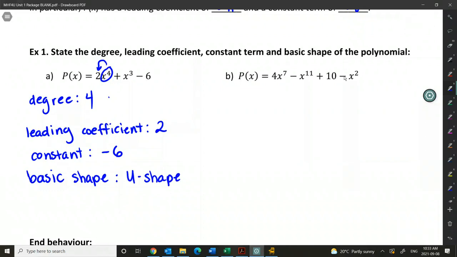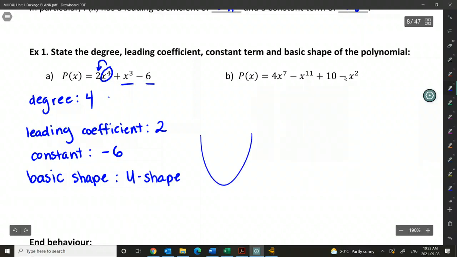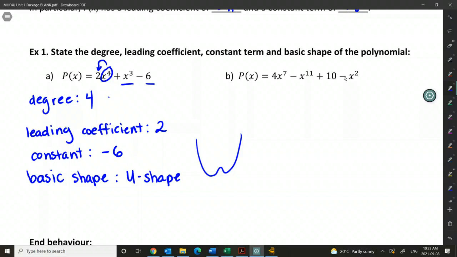Once I start adding other terms in here, like cubes and squares, it will take on a general U shape, but it might have a couple little twists and turns inside there. If I add more terms, it changes the shape of the graph a little bit. But in general, it's always going to follow that U shape. It will start up and end up, or down and down, or whatever.